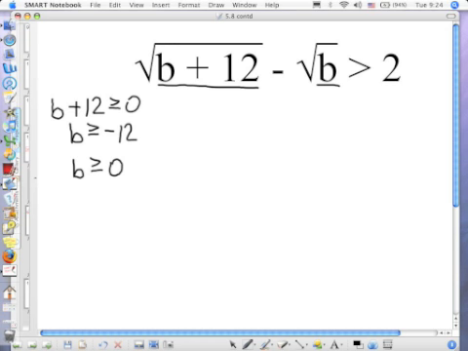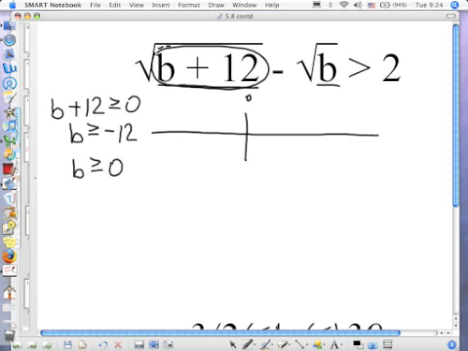Okay? Well, let's graph that. I don't get why you have to do that. Because if this expression works out to be a negative number, I cannot find the square root of a negative number. So I can't solve the problem. Okay?